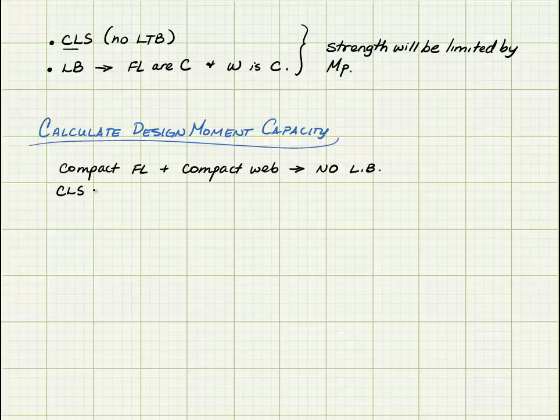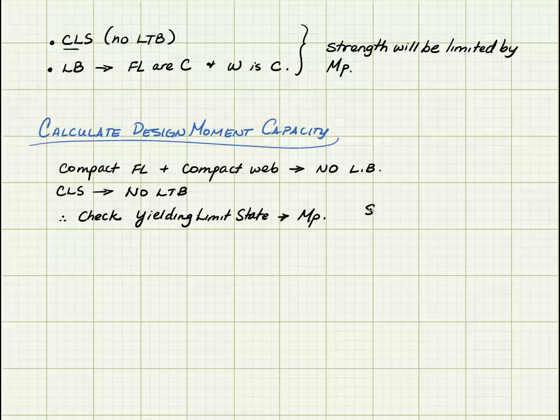Because I have continuous lateral support, that means I have no susceptibility to lateral torsional buckling. Therefore, what I need to check is the yielding limit state. And by that, I just mean the plastic moment capacity. This is covered in section F2 of the spec. So let's calculate the yielding limit state.